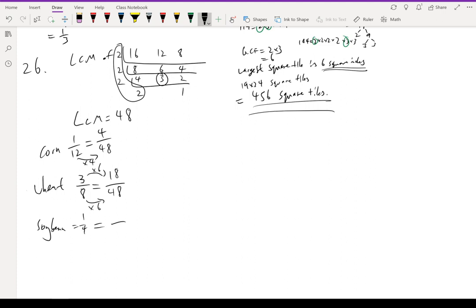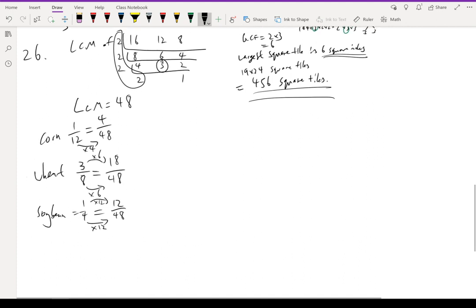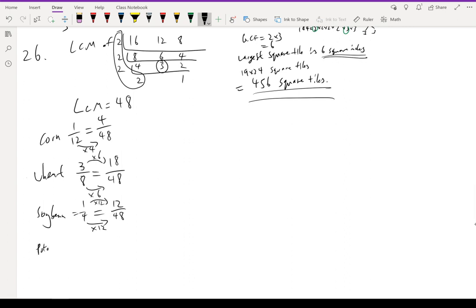And so over 48 is going to be times 12 to the top. That's 12 over 48. And then lastly, we have 3/16 potatoes. Potatoes is 3/16, and so that will be something over 48, times 3. 3 times 3 is 9.